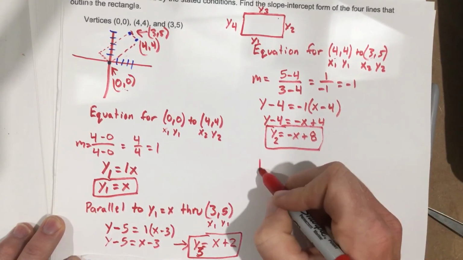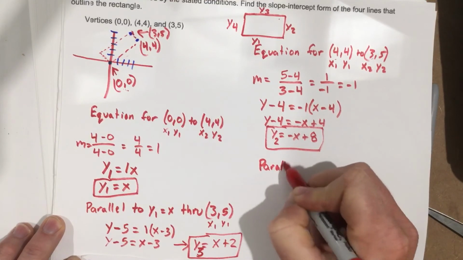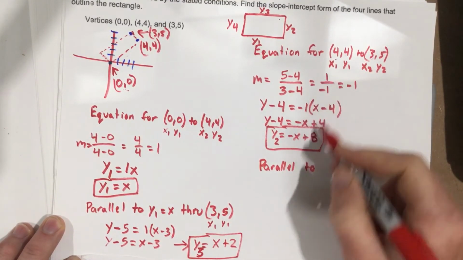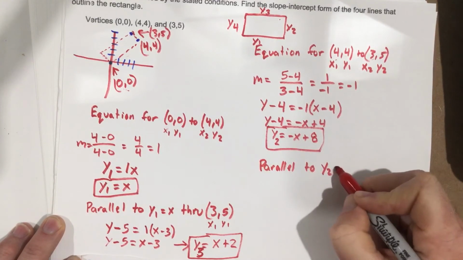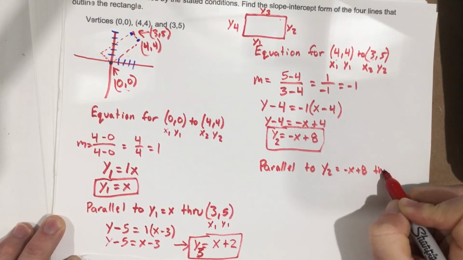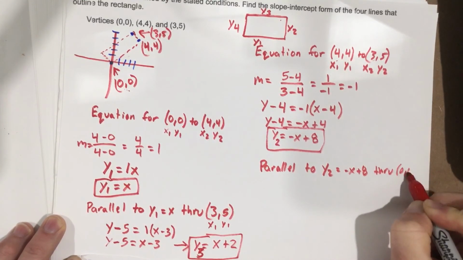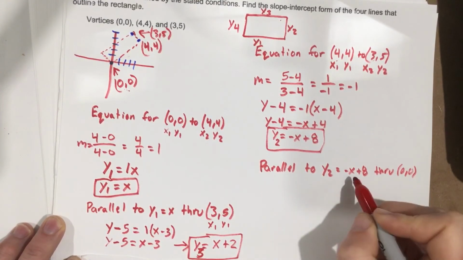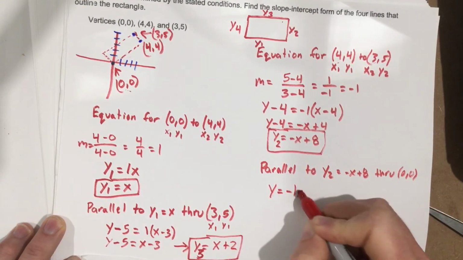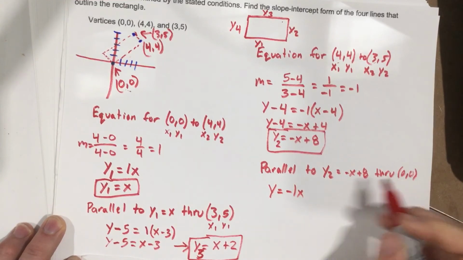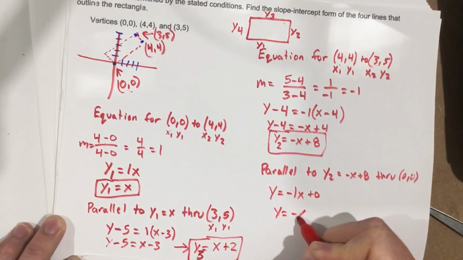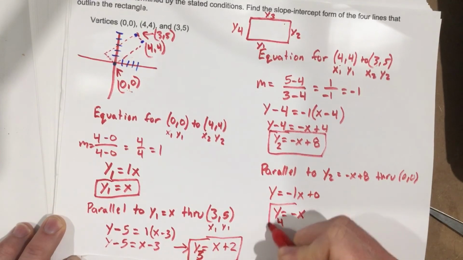So we're going to say parallel to y2 through 0, 0. We know the slope is negative 1, so we can say y equals negative 1x, and we know the y-intercept is 0, so plus 0, which is just y equals negative x, and we'll call that y4.